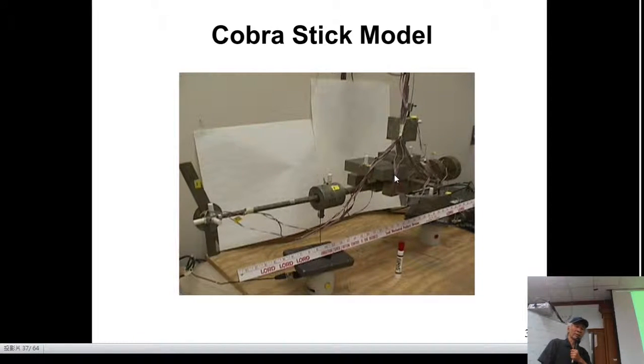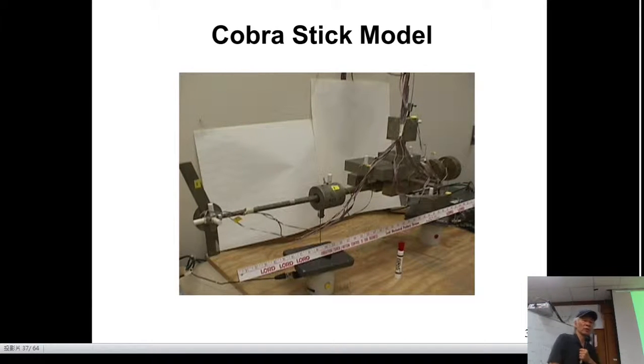In other words, the Cobra stick model has some external disturbances, and these are the external disturbances we simulate. So we have external disturbances from here. Then we have a control force from some other shaker, and then we have accelerometers distributed in this beam.